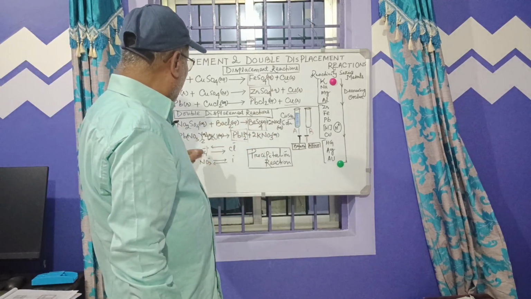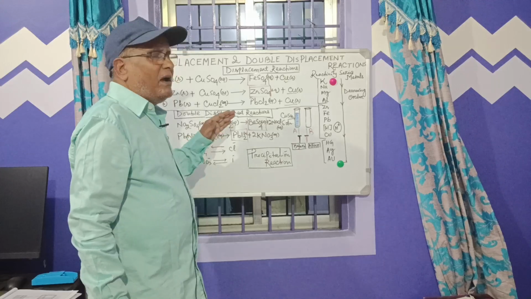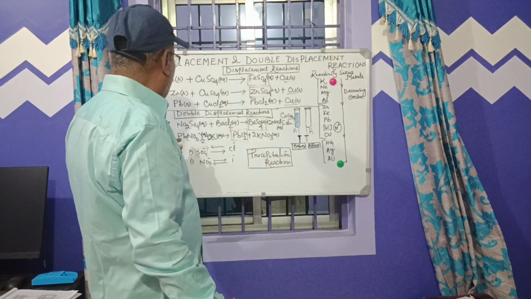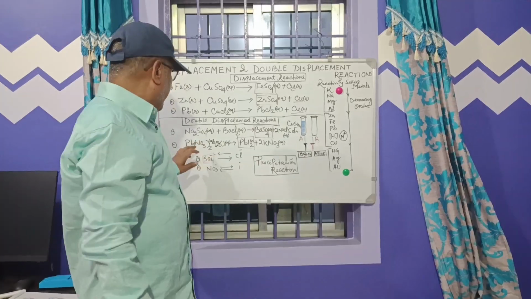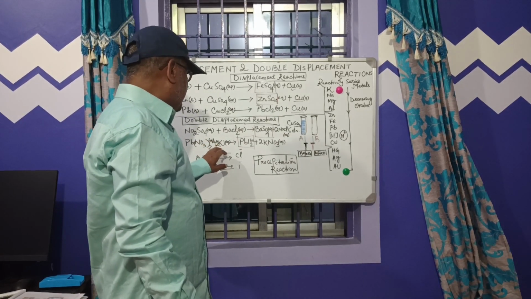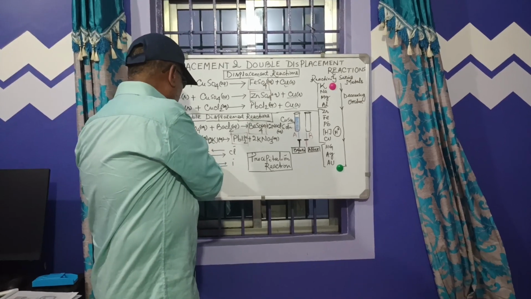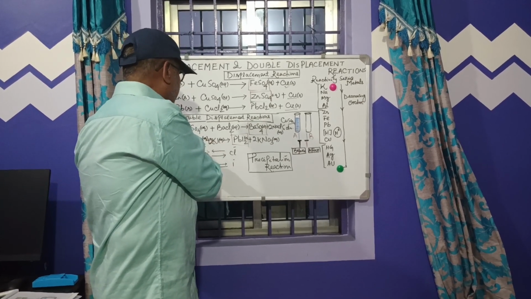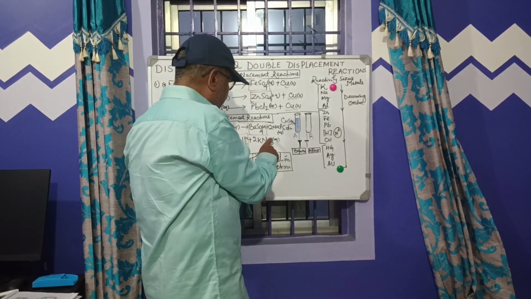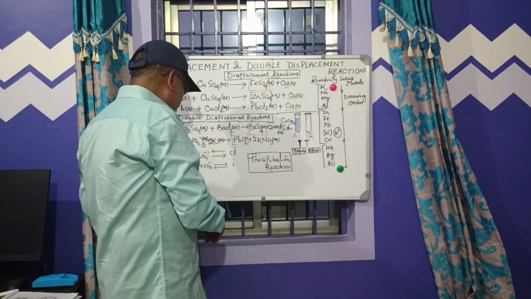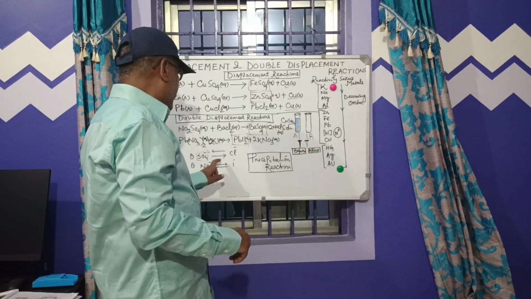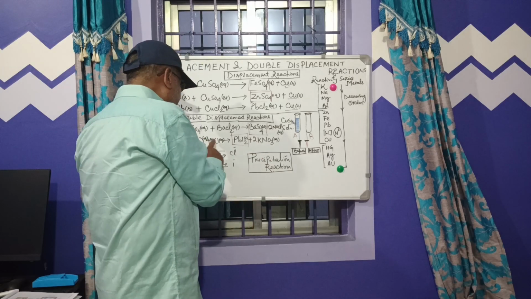Another example that we have taken from the activity given in your textbook is lead nitrate plus potassium iodide. When the two reactants react, they form lead iodide and potassium nitrate. Here, exchange of nitrate ion and iodide ion takes place between the reactants.